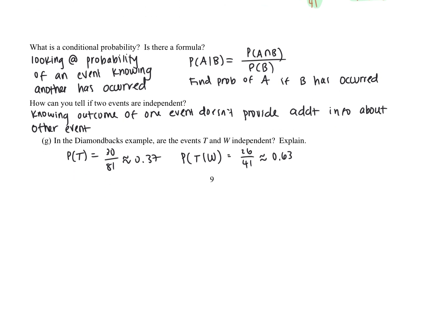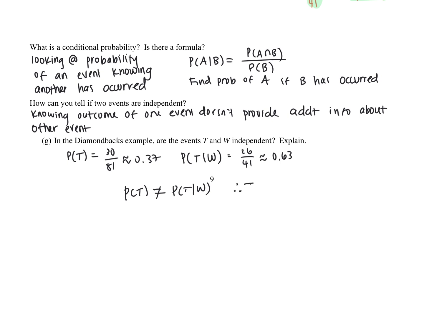So what we see here is that the probability of free tacos is not the same as tacos given a win. The probability of free tacos in general is just 0.37. But as soon as I tell you that the team won the game, the probability that free tacos were given out is significantly higher. So if you know that the team won the game, that gives us extra information. Way more likely that free tacos were given out. So what does this mean?